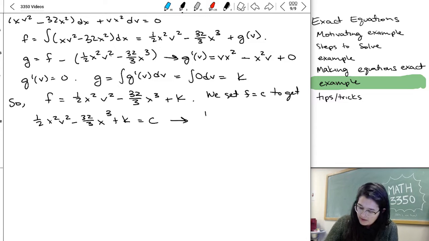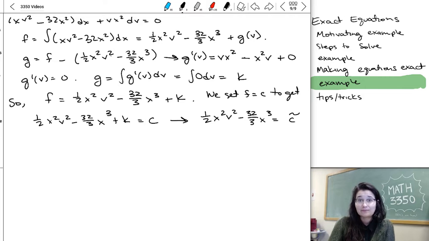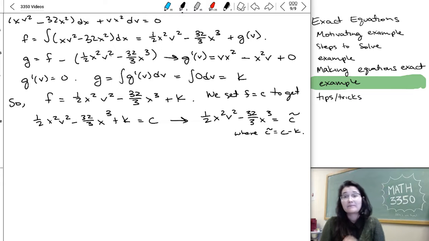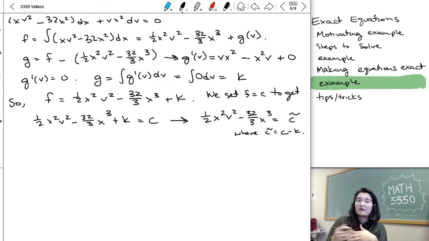I'm just going to write that as 1/2 x squared v squared minus 32 over 3x cubed equal to some c tilde, where c tilde is c minus k. Again, you don't need to keep track of what your different constants are.